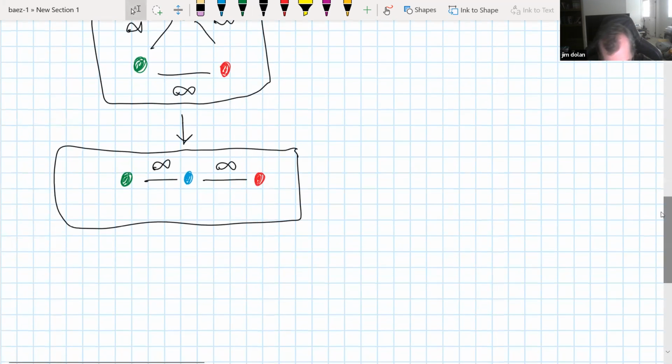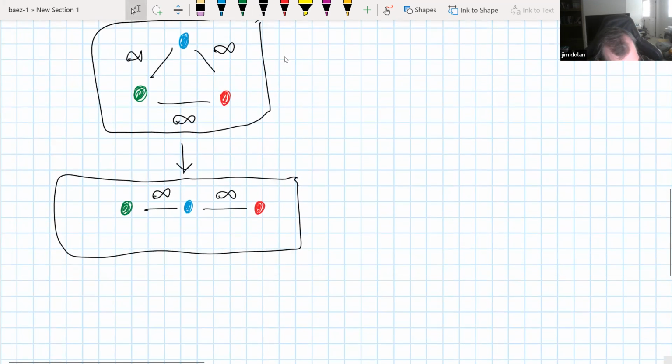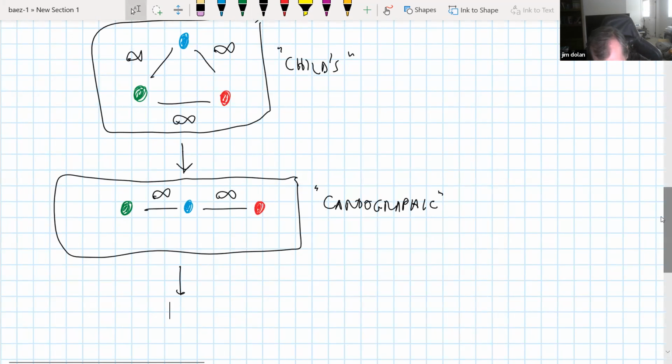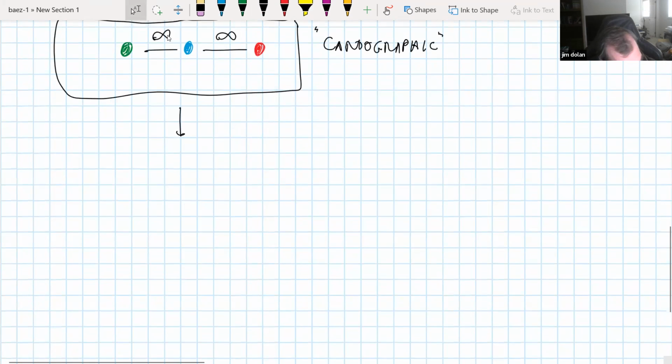So this we should call the child's Coxeter diagram. This one we should call the cartographic, or perhaps 2D cartographic. And then the next one is like this.